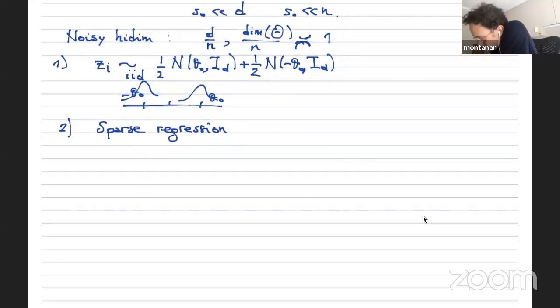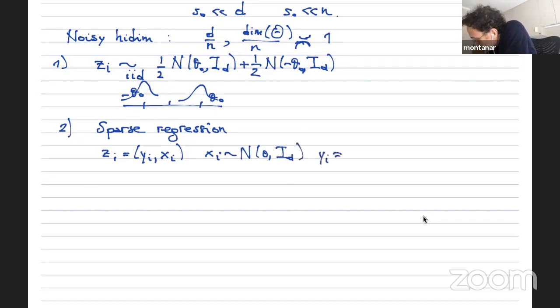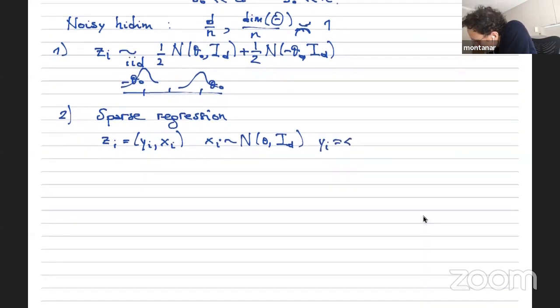This is a case in which my Zi are (yi, xi), where let's say xi is normal 0 identity, and yi is theta 0 times xi plus noise.